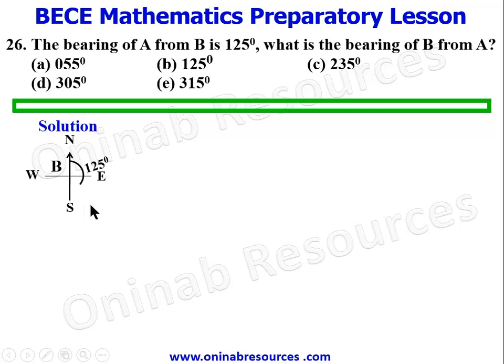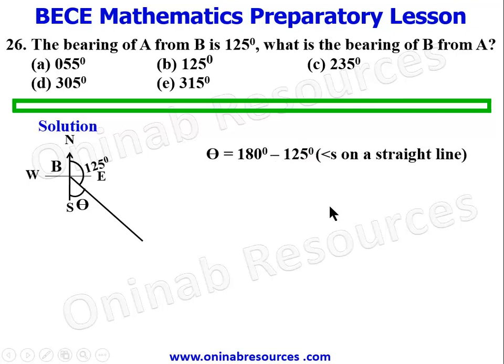That's 125 degrees. We then draw the line, and this is 180. We call this one theta. We can say theta is 180 minus 125. That will give us, because angles on a straight line, 55 degrees. So we have our point A here.